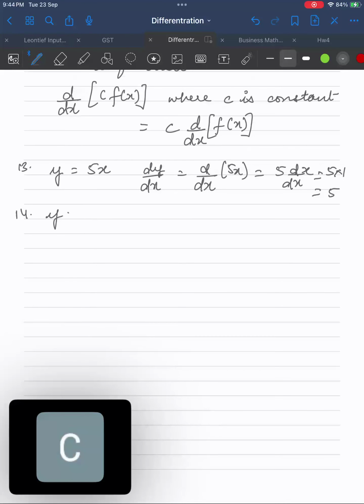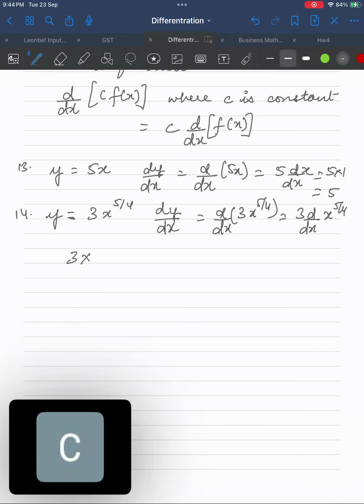Now, let's do another one. Suppose y equals 3x power 5 by 4, and I'm interested to know dy by dx. In this, 3 would be outside. I can make it 3 d by dx of x power 5 by 4.